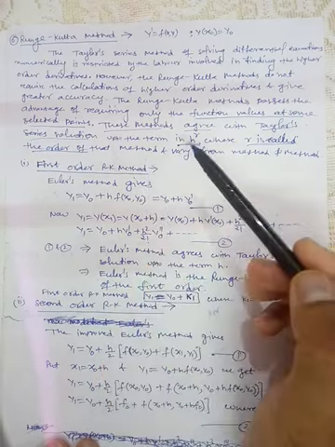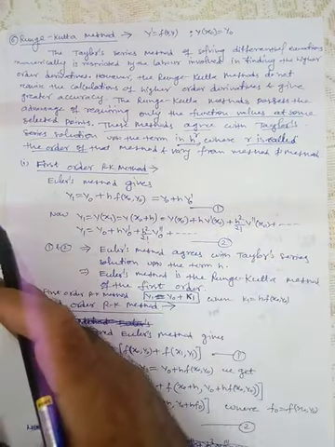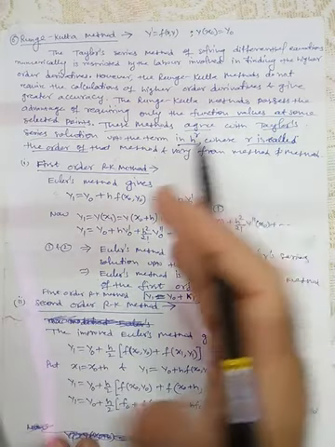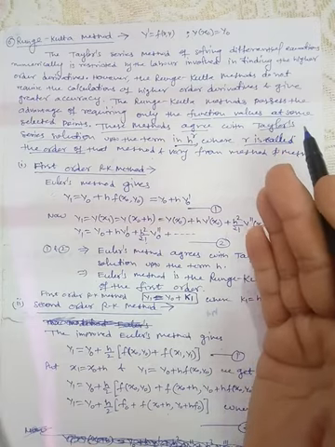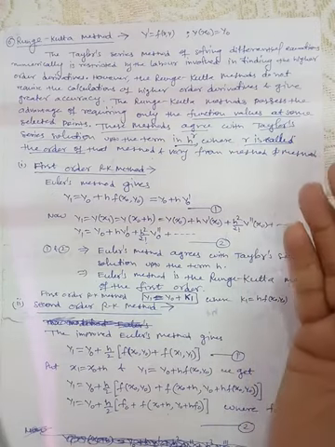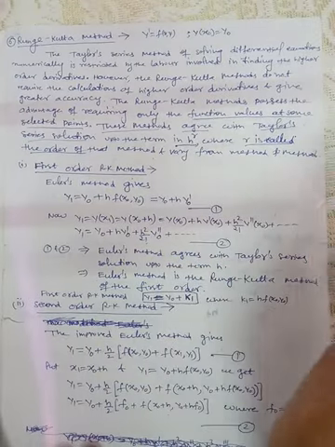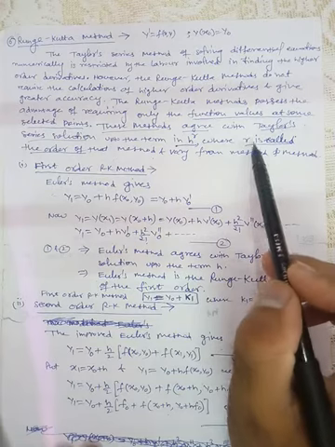If you need second order accuracy, there is one class of methods. If you need third degree accuracy, there is another Runge-Kutta method. If you need fourth degree accuracy, there is another class of methods. So in the Runge-Kutta method we have different classes depending upon your accuracy or order.